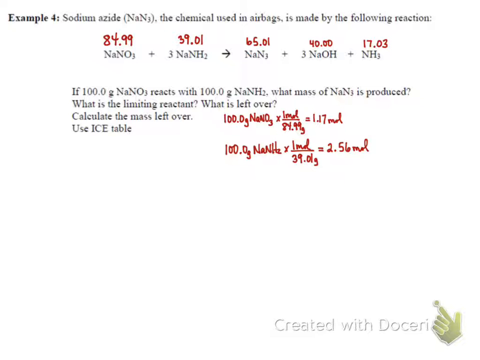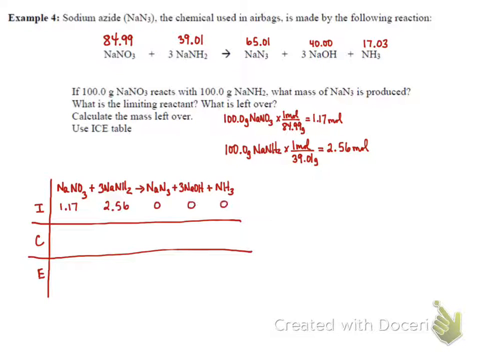Okay, so the first two steps, calculate molar mass, and then for both reactants, convert from grams to moles. Okay, so then setting up your ice table, write the reaction across the top, and then under each column you'll put the moles of each formula.